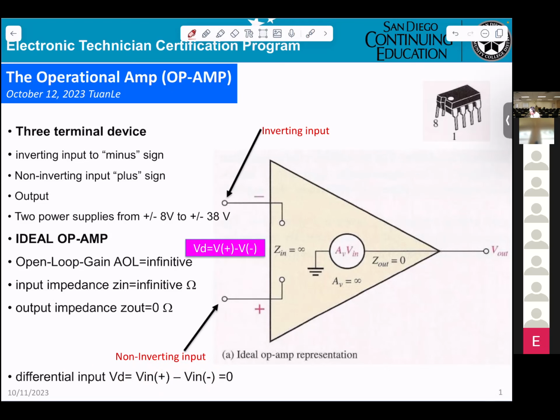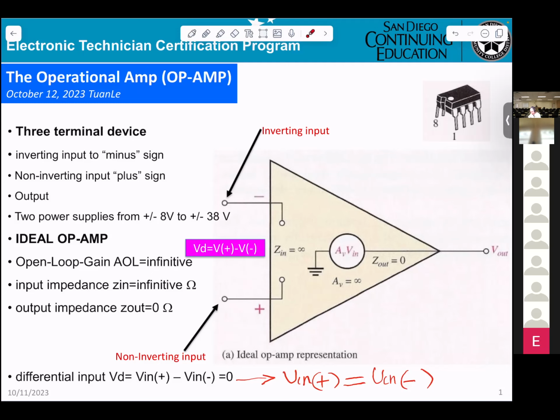That tells you one thing: V in positive equals V in negative. That's very, very basic, and you have to know it.